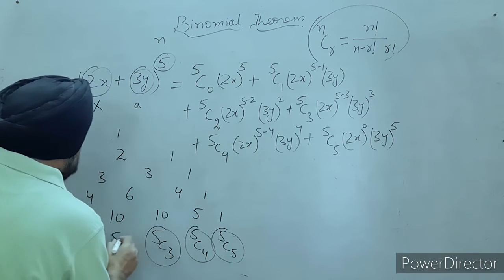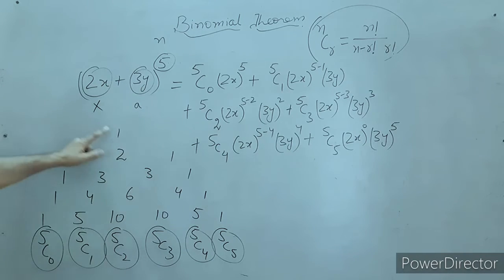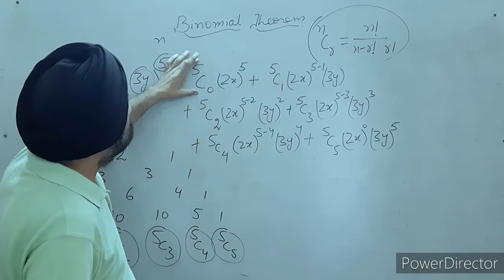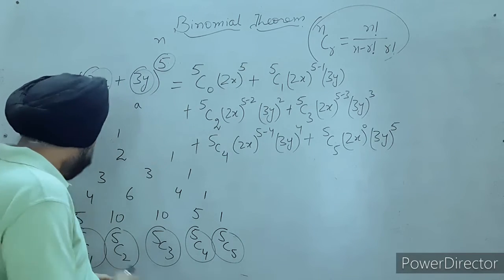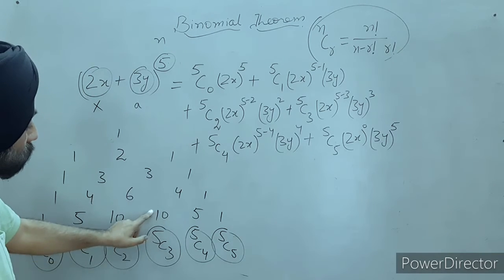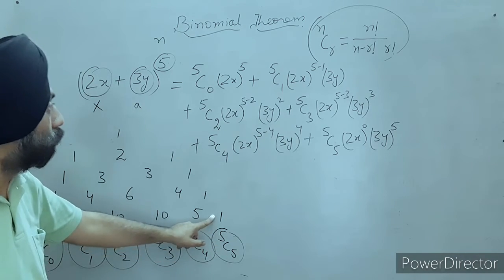I get the values of the coefficients using what? Pascal's triangle. It is a shortcut. It makes the calculations very easy for these values, 5c0, 5c1, and so on. 5c0 is 1, 5c1 is 5, 5c2 is 10, 5c3 is 10, 5c4 is 5, and 5c5 is 1.